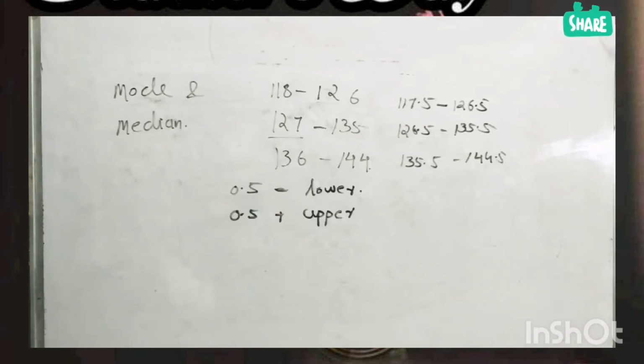So if you are going to calculate the mode and median, first we locate the modal class and the median class, and we take the lower limit, upper limit and so on to calculate the mode and median. So if your information is discontinuous, the first step is to make it continuous.